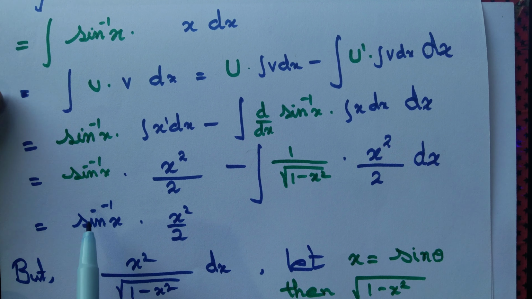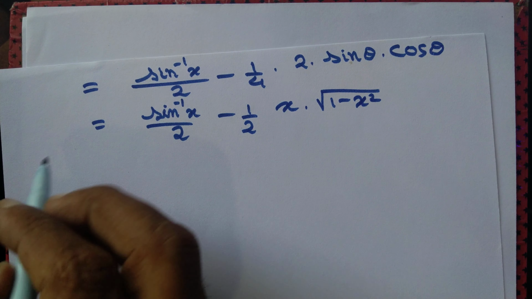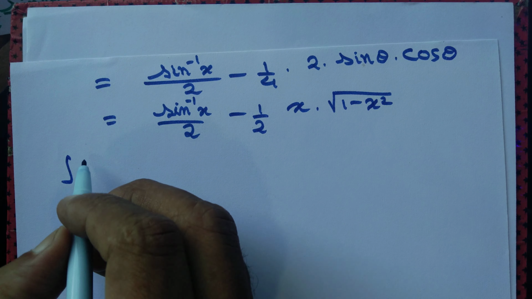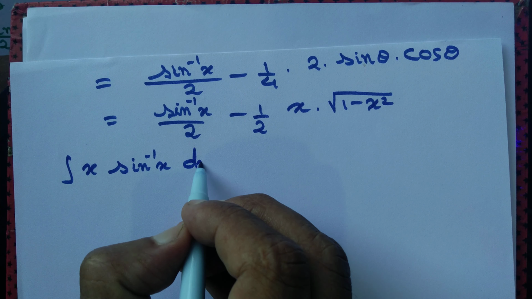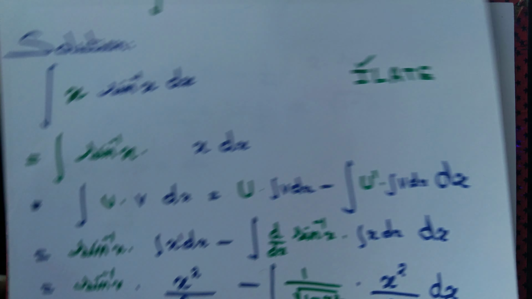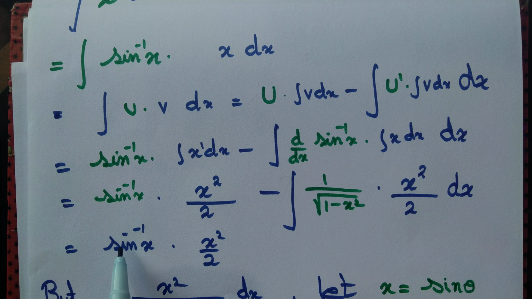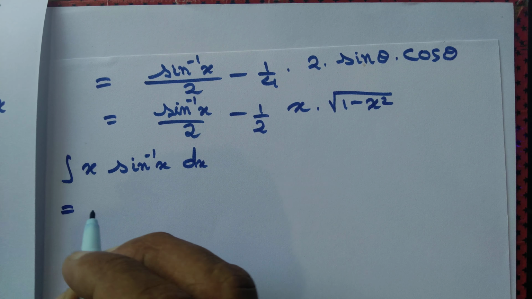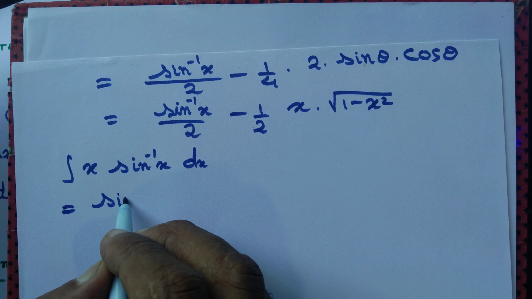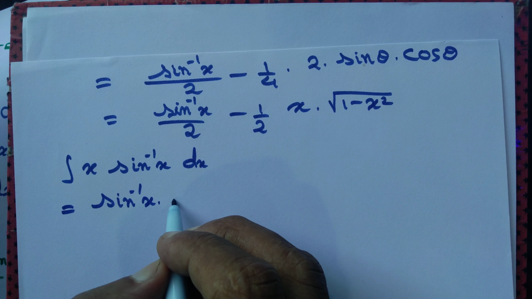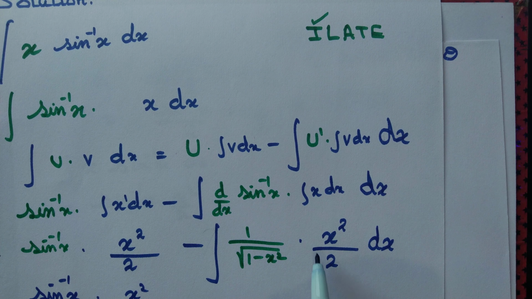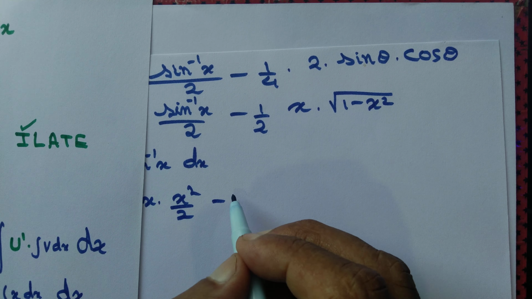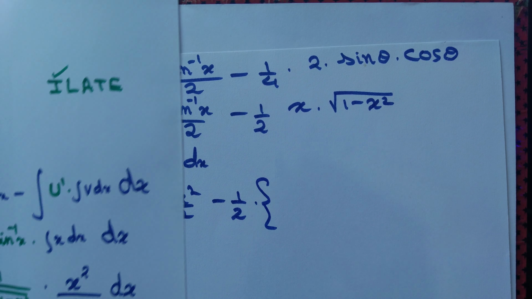Okay, now can we get the final answer? The answer is yes. So the integral of x sine inverse of x dx equals the expression sine inverse of x times x square by 2, minus half, then this integral.